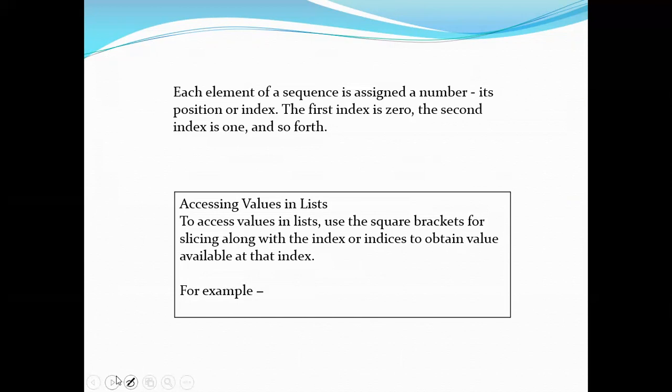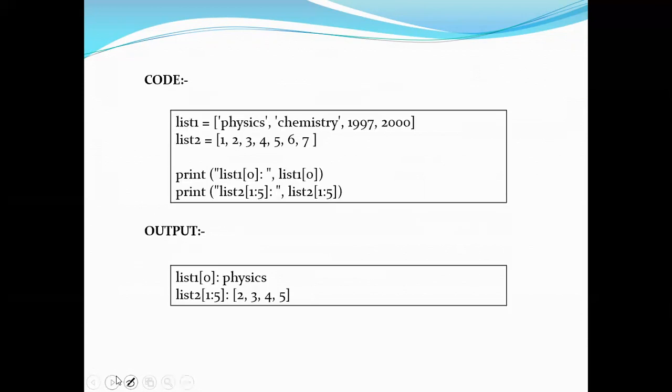For example, if I go with this particular list1 equal to physics, chemistry, 1997, 2000, physics will have index position 0, chemistry is index 1, 1997 is index 2, 2000 is index 3. So this is actually the index.